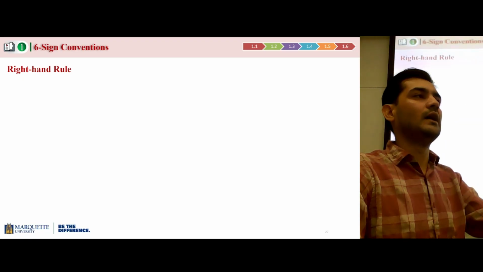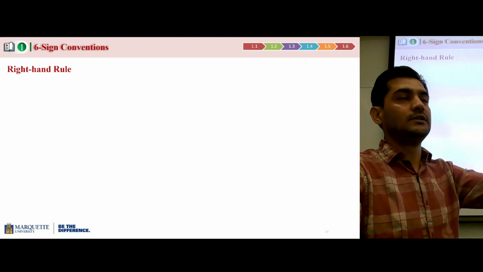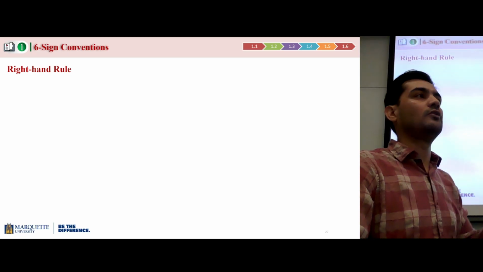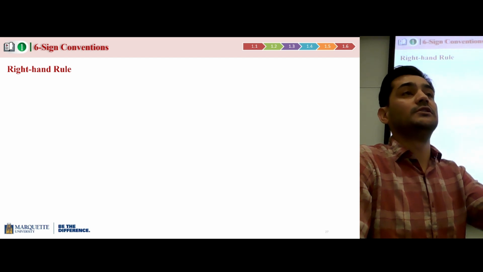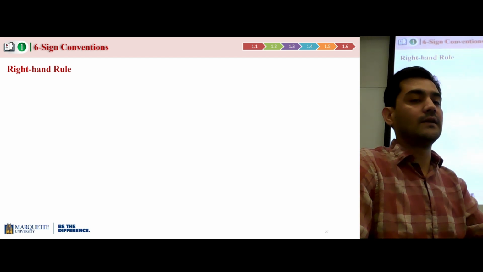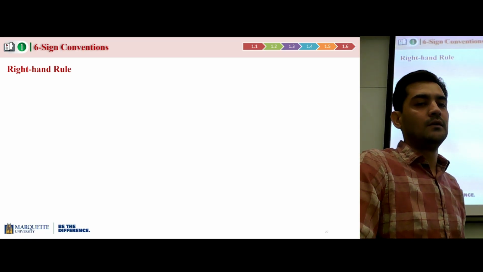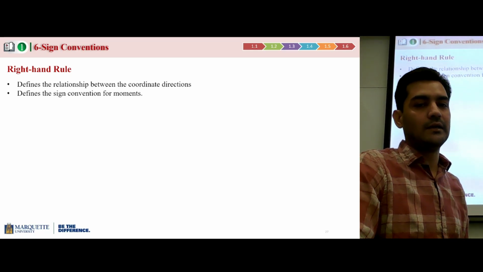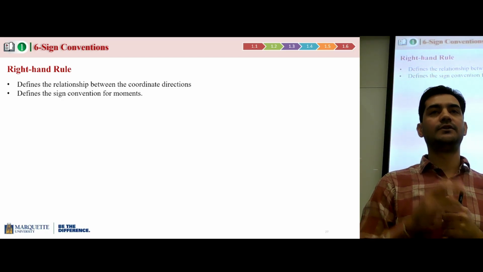We're going to be using conventional things which we were using in statics. But it's important for you to know that if you cannot find the direction of the coordinates, or the direction of the force, whether it is positive or negative, or whether the moment is positive or negative, the best way to figure this out is by using the right hand rule. So we're going to talk about the right hand rule. It can give you two things.